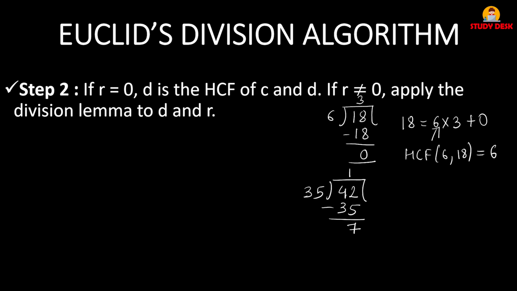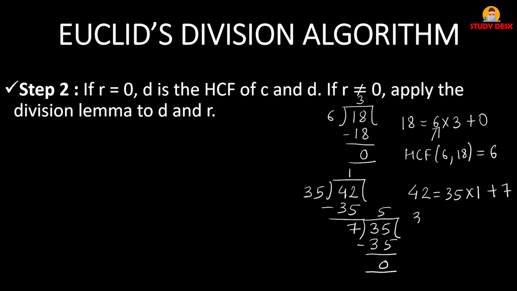We'll apply the division lemma again, considering 7 as the new divisor and 35 as the new dividend. So 7 into 5, you are going to get 35 here. And hence, now your remainder is equal to 0. So here we will stop. Now observe the steps. 42 is equal to 35 into 1 plus 7. In the first step, we did not get the remainder as 0. That's why we are repeating the step again. What are we doing now?